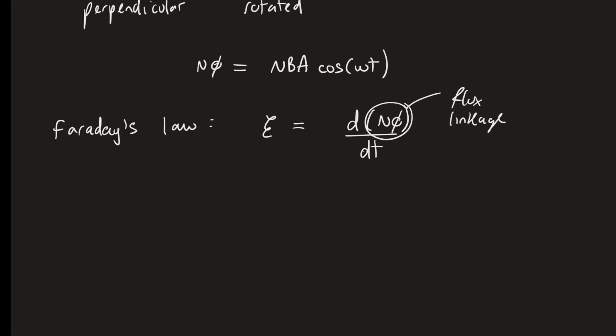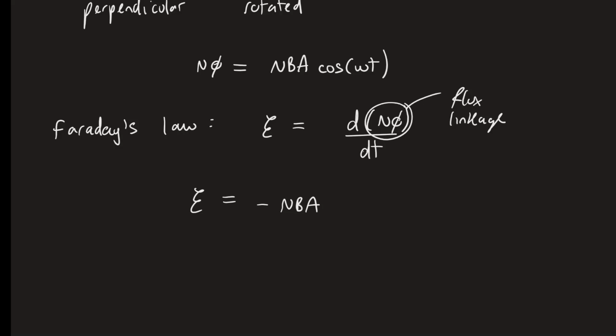Let's go through and take that derivative. So we know it's going to equal E. When we differentiate NBA, none of that changes. Those are all just constants. The number of loops doesn't change, the field strength or the area of the loop, those don't change. Cos does respond to differentiation.